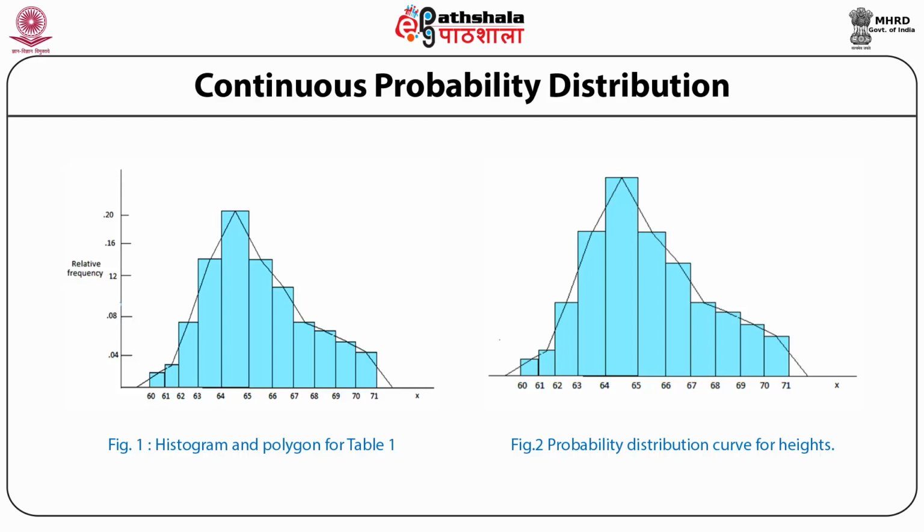The relative frequency density of a class is obtained by dividing the relative frequency of that class by the class width. The relative frequency densities are calculated to make the sum of the areas of all rectangles in the histogram equal to 1. The probability distribution curve of a continuous random variable is also called its probability density function.